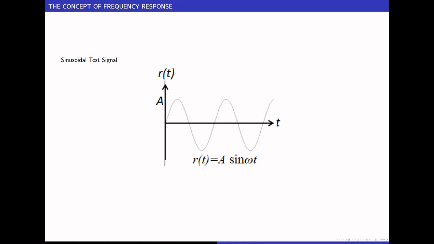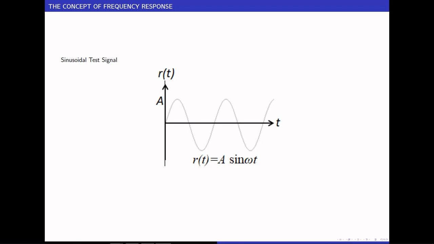So we do the steady state analysis for sinusoidal signals separately, and that particular study we call frequency domain analysis. We will see what is meant by frequency domain analysis in detail as we progress in this lecture.